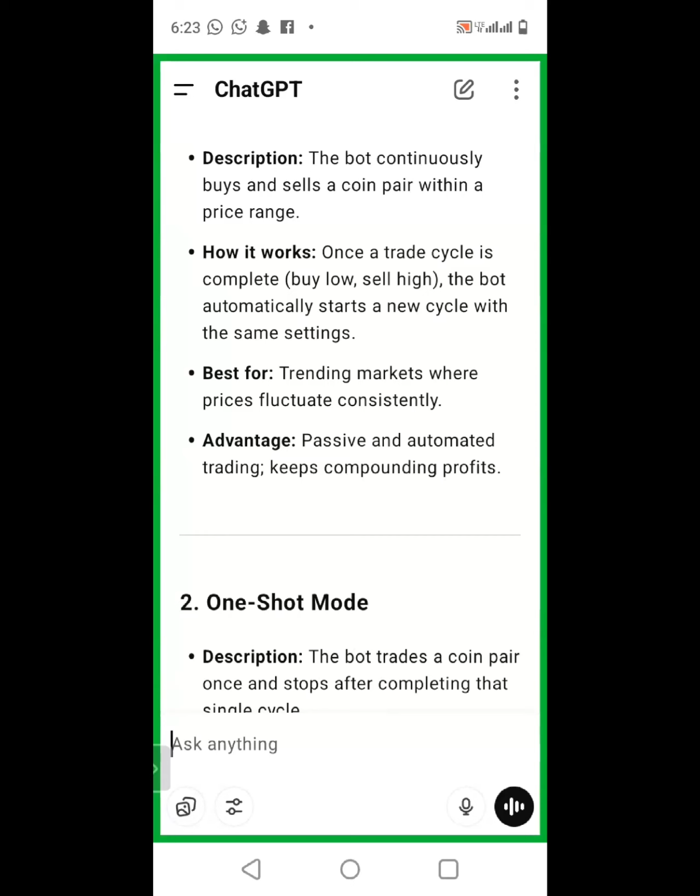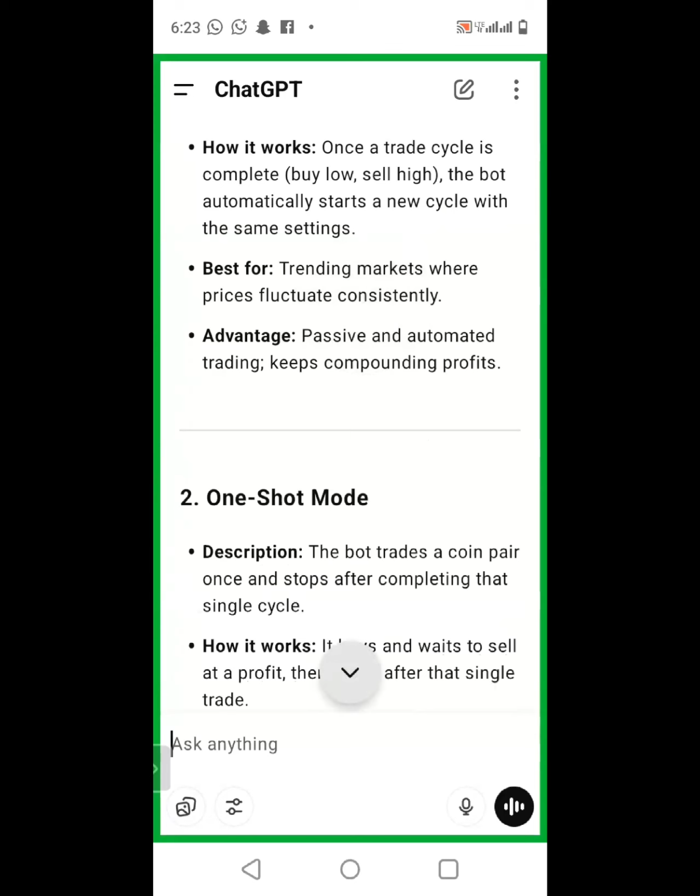So once the robot finishes buying and selling a particular coin for you, which is called a trade cycle, the robot will start all over again for you, even when you are not around, going about your daily activities. So it does that. It is best for a trending market where price fluctuates consistently.